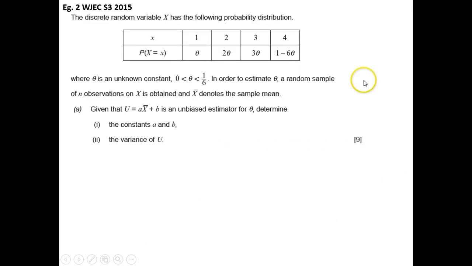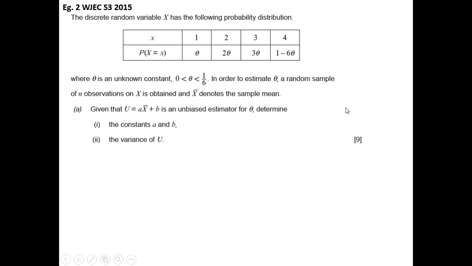Okay, example 2. We have a table here. The discrete random variable x has the following probability distribution, where theta is an unknown constant. Theta is between 0 and 1/6 to make sure that the total probability becomes 1.